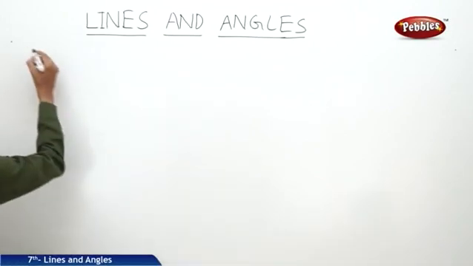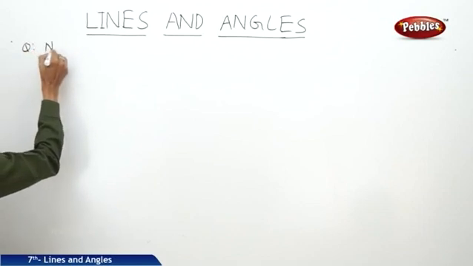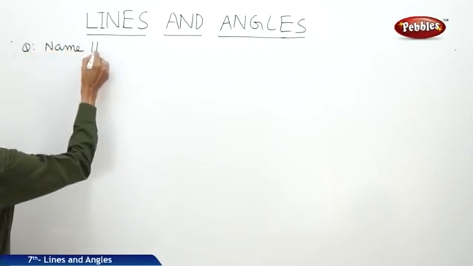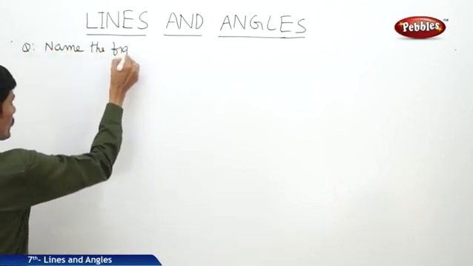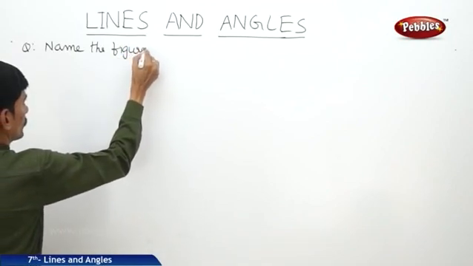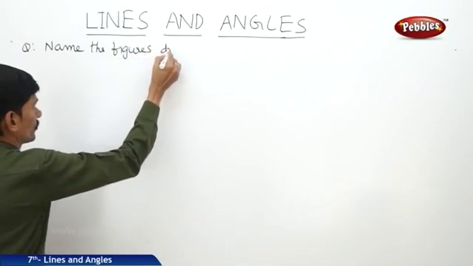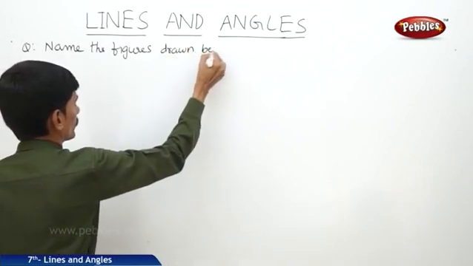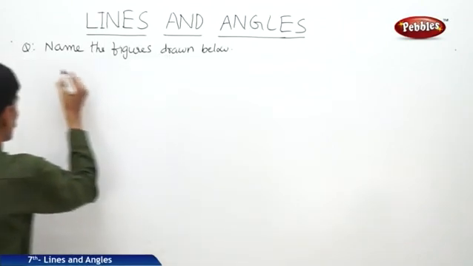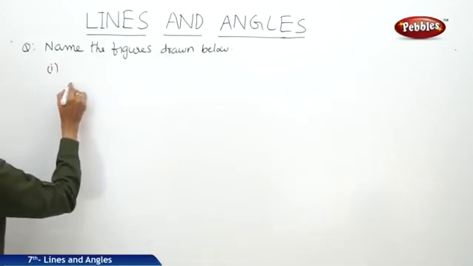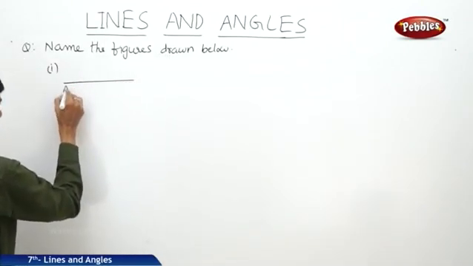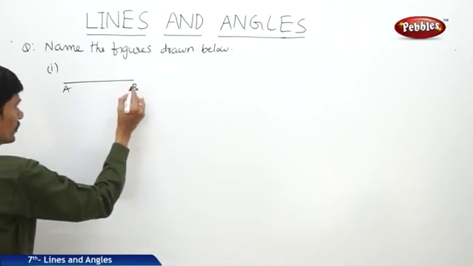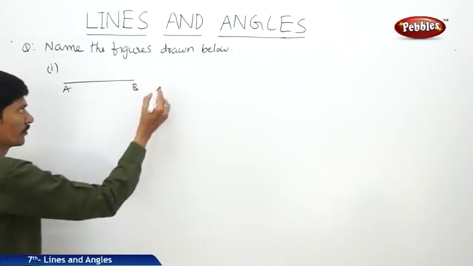So the first question: name the figures drawn below. Now what is this figure? So this figure is a line segment AB.